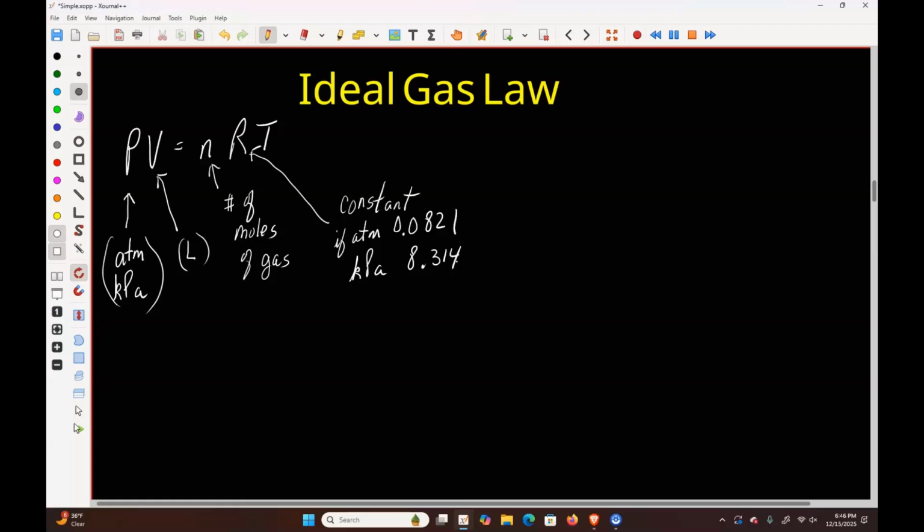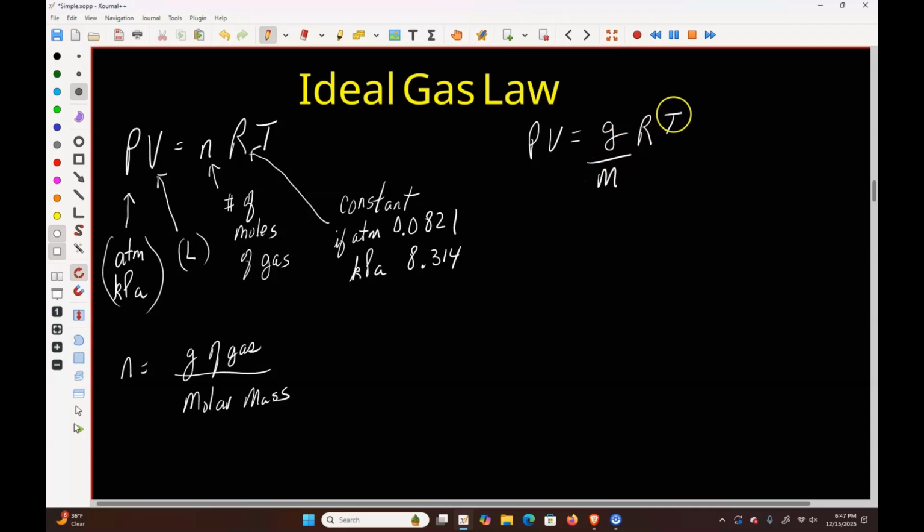Remember that the number of moles is equal to the grams of gas divided by its molar mass. We could write a similar formula that PV equals G over M RT, where G represents the grams of gas and M is the molar mass.